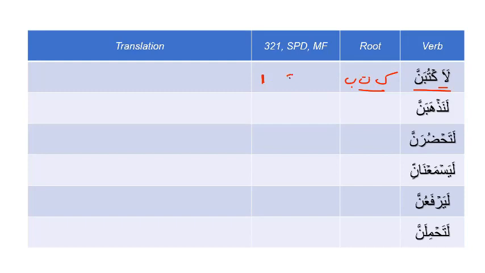It is singular. And then male, female, first person doesn't really matter. And then is there emphasis? In all these cases, there is emphasis. So what does this mean? I will most definitely write. Exactly.